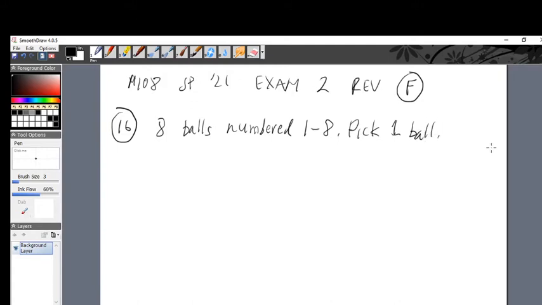And here's how the game works. You win $1 if 1 is selected, in other words, if the ball that has number 1 on it is selected. So you pick the ball out of a pile, and if it says number 1, you win $1.